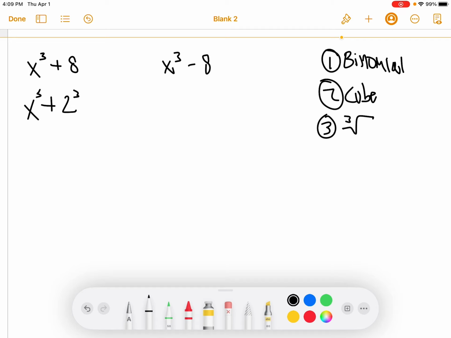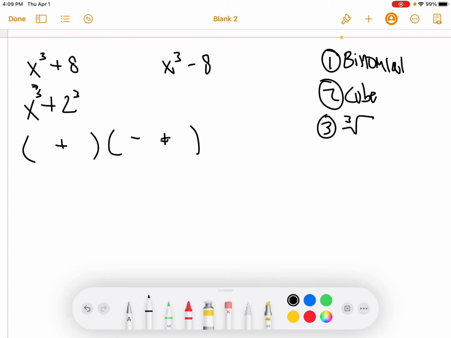So, since there's a positive, remember, there's 2 things that are going to be multiplied by each other, and we see the signs. So, since it's positive, negative, positive.